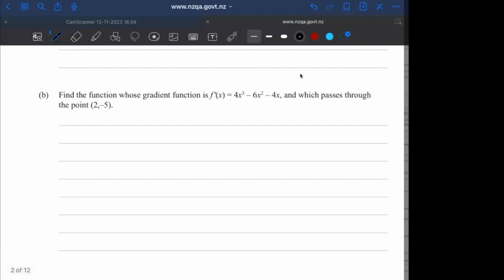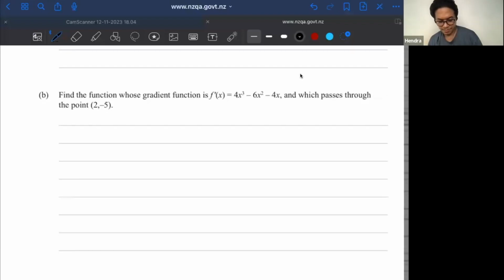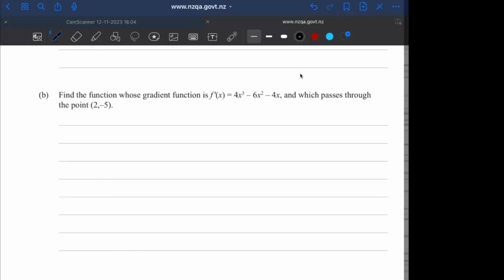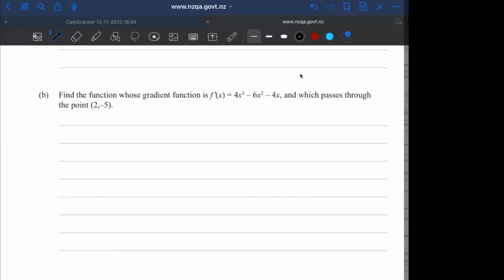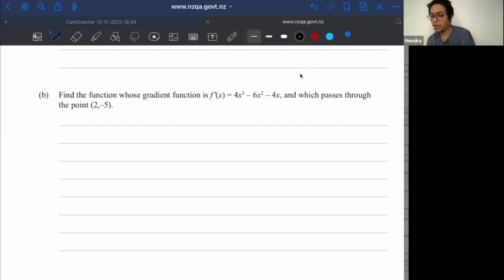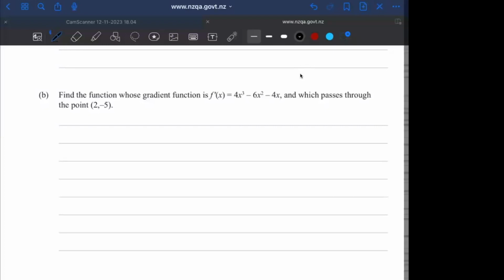Okay, part b: find the function whose gradient function is f'(x) and which passes through the point. Have you been learning integration? No, I haven't done that.